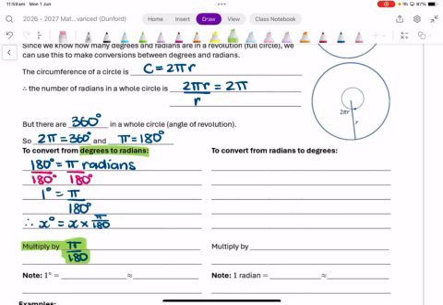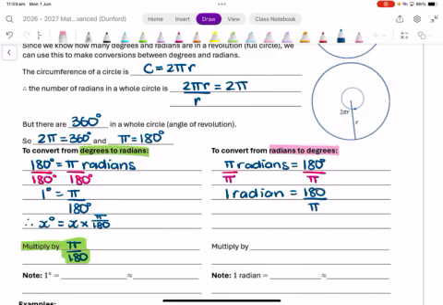Then to go the other way, to convert from radians to degrees, what we have is that pi radians is equal to 180 degrees. So to get to 1 radian, we have to divide by pi. So what that means is that 1 radian is equal to 180 over pi.